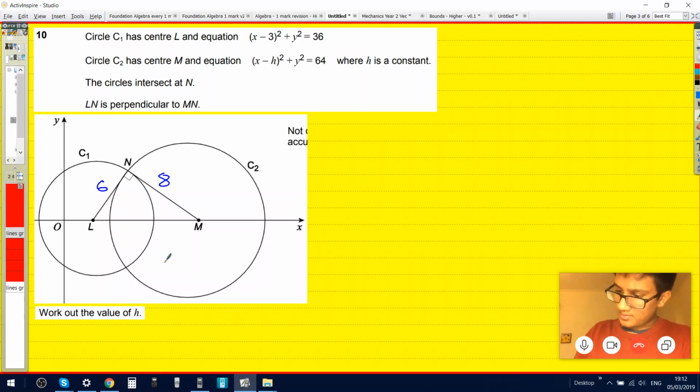So just by looking at it, can you see an unknown you could find? So you have a right angled triangle, and so what could you find? So do you mean LM? Yeah, LM is 10. Okay.